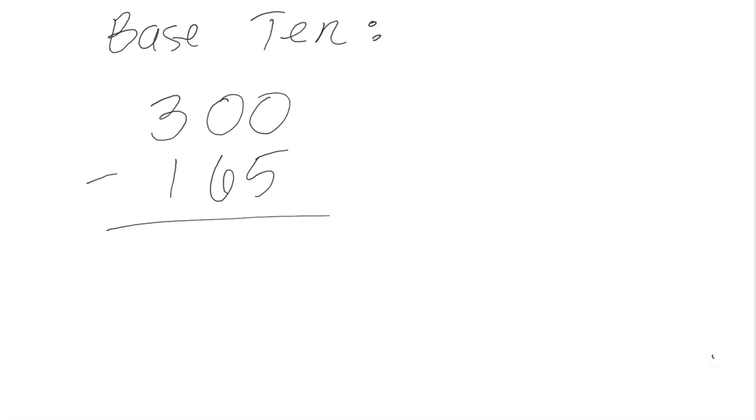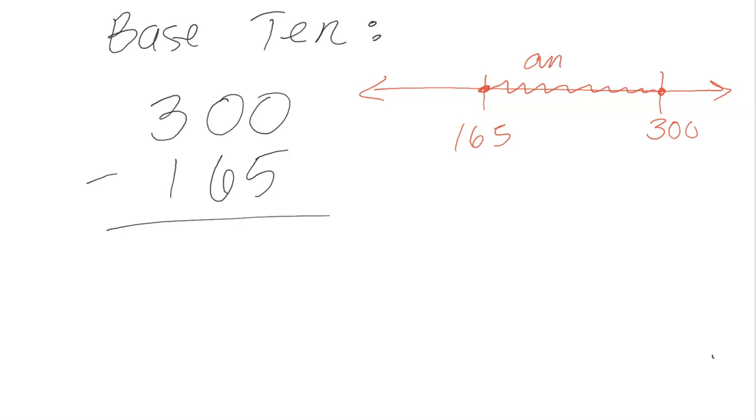The concept of subtraction, however, is the distance between two numbers. So when you are subtracting 165 from 300, we are saying here is 165, here is 300. The distance between them is your answer, the result of this problem. Whatever the answer is, that is represented in this picture right there.